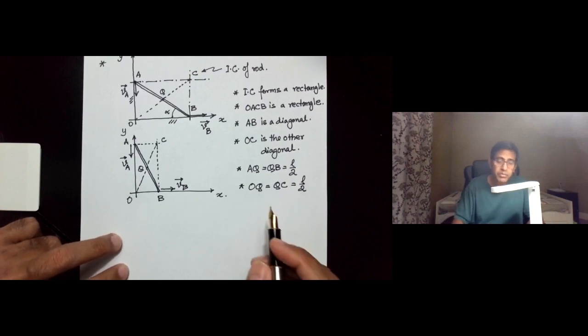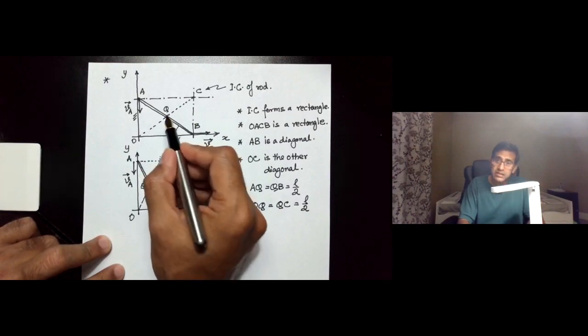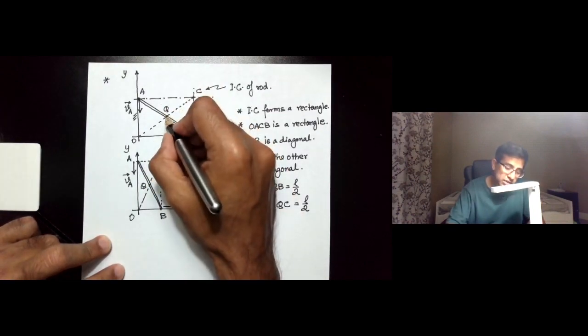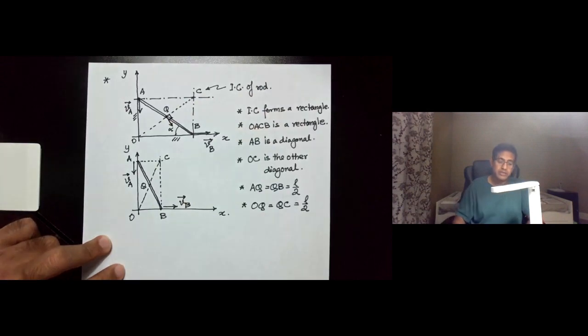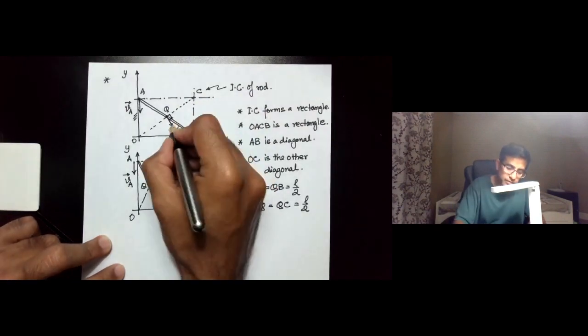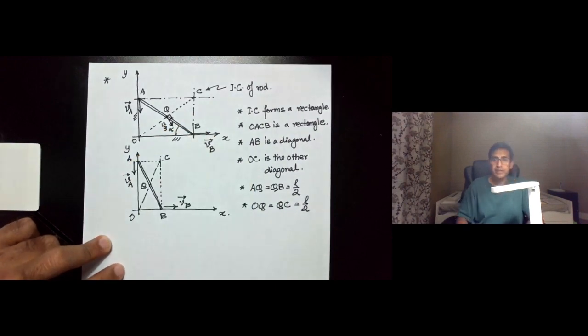And so in some problems you will see that the goal is to find the velocity of the center of this rod, and now you can see that the velocity of the center of the rod is going to be like that, perpendicular to CQ. So this is the velocity of Q, right?